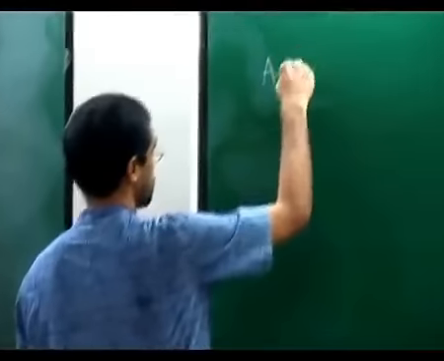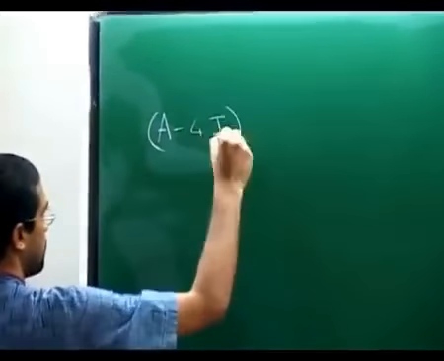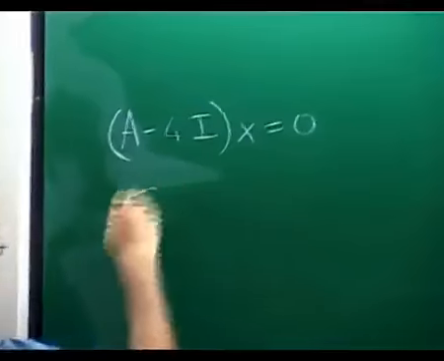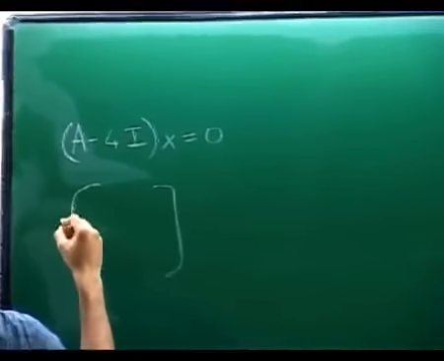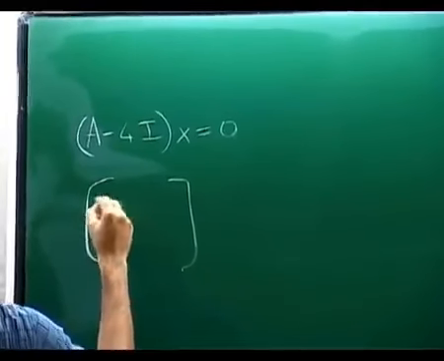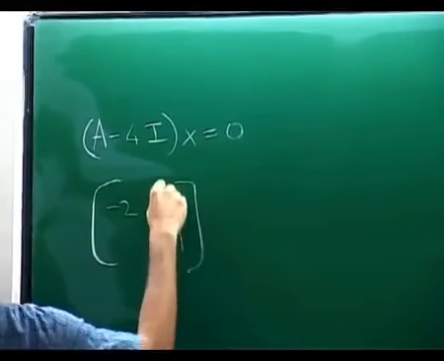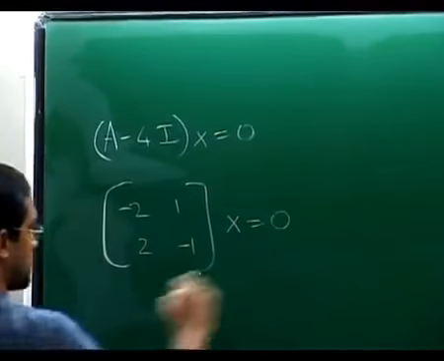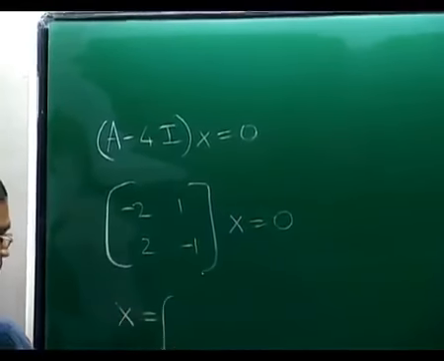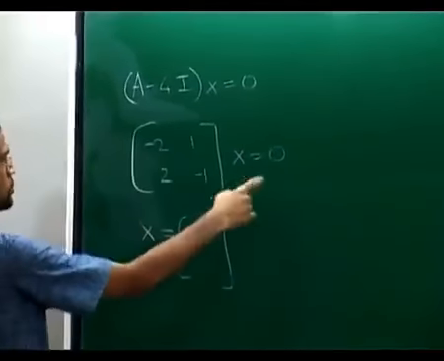We will find out what the eigenvector is. So we have A minus 4 times identity times x is 0. So I have 2 minus 4 is minus 2, minus 1, 1, 2, times x is 0. So by the same token, what should x be? So I have minus 2 x1 plus x2 is 0.